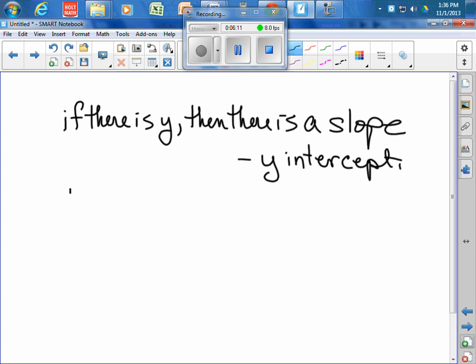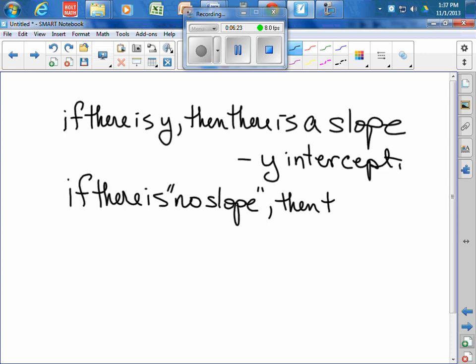If there is no slope, and think about that, what does that say? If there's no slope, then there is no y. You have to have one in order to have the other.